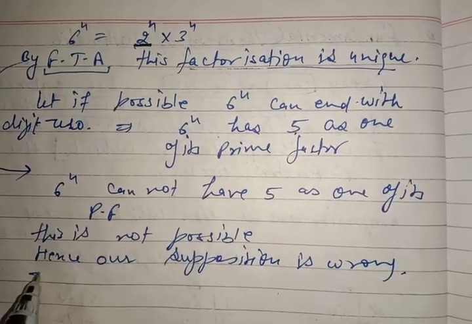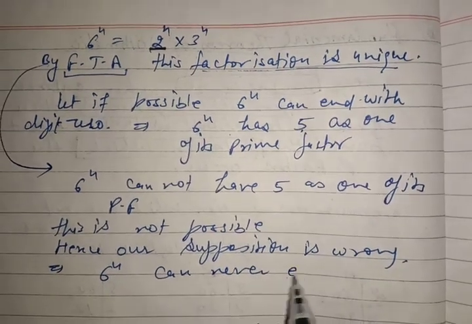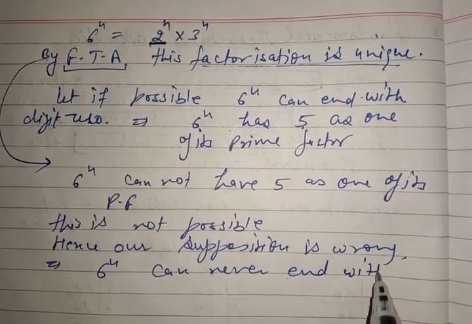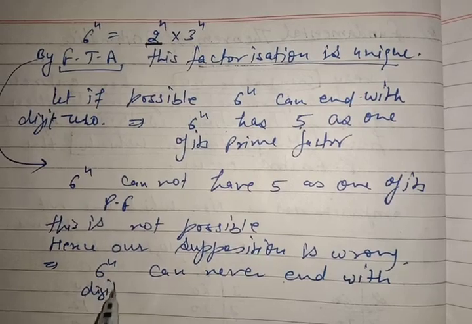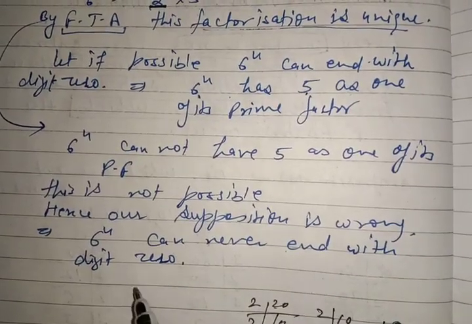And this implies 6n can never end with digit 0.